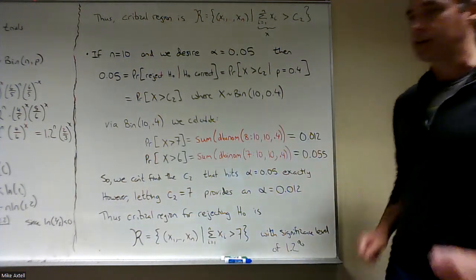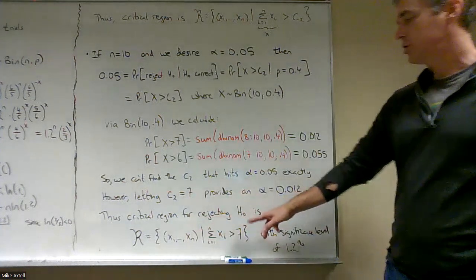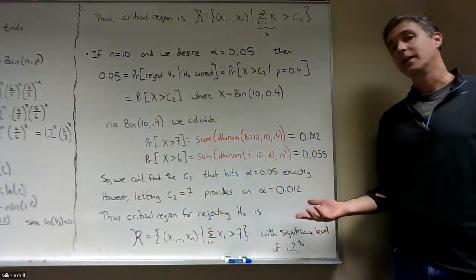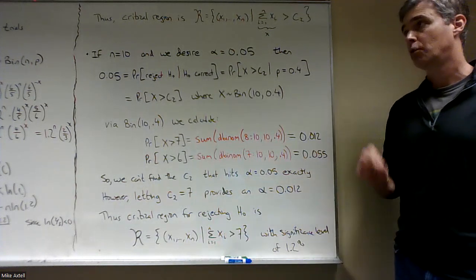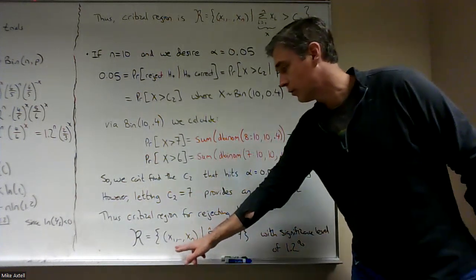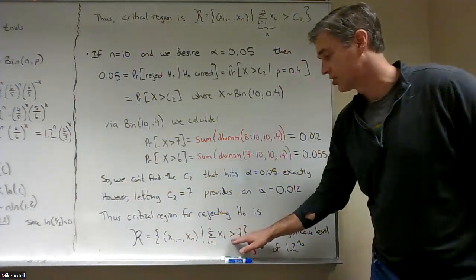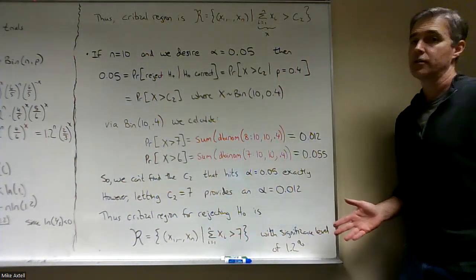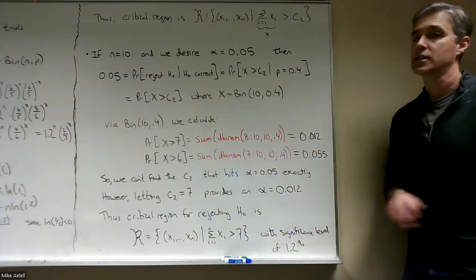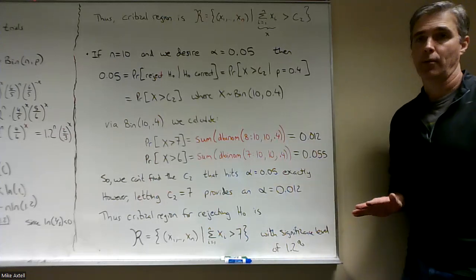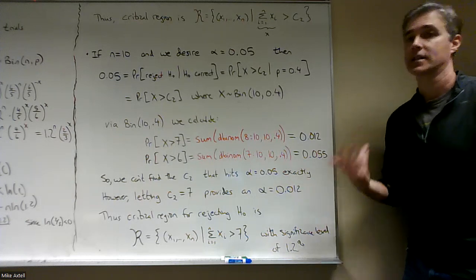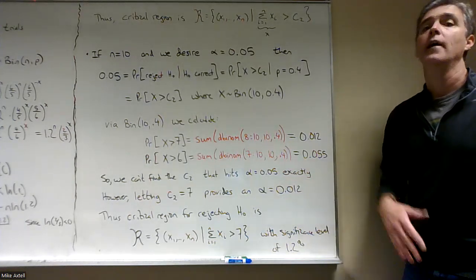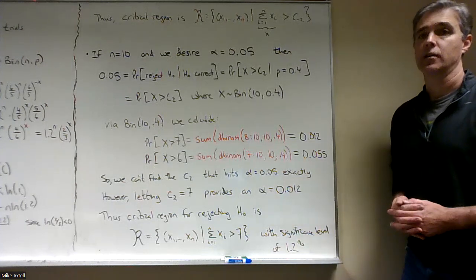Thus, the summary here is the critical region for rejecting the null hypothesis, so rejecting p to be 0.4 and accepting that it's 0.5, is this region where the number of successes is strictly greater than 7, okay? So if I see strictly greater than 7, if I see 8, 9, or 10 successes, I reject that the probability of success is 0.4 and I accept that it's 0.5. If I see 6 successes or fewer, I accept that the probability of success was 0.4.